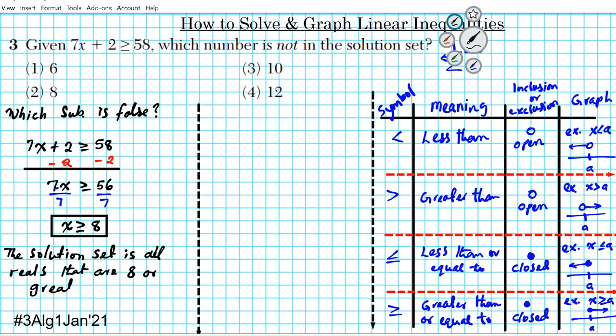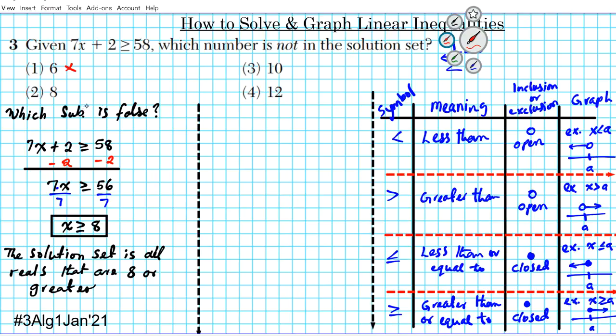All right, let's look at the options we have here: 6, 8, 10, 12. Which one does not satisfy this condition of being 8 or greater? Option number 1, 6. Oh dear, that's an automatic fail right there. 6 is not 8 or greater. 6 is less than 8.